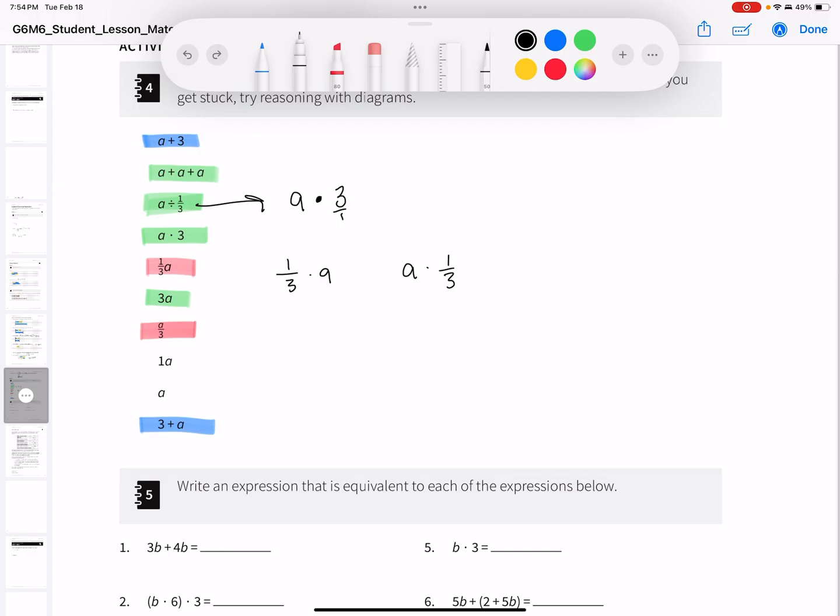We would do a times 1, which is a, and then 1 times 3, which is 3. So a over 3 is this one right here. So they match. And then finally, we have our last one, 1 times a and a. Anything times 1 is itself. So those two go together.